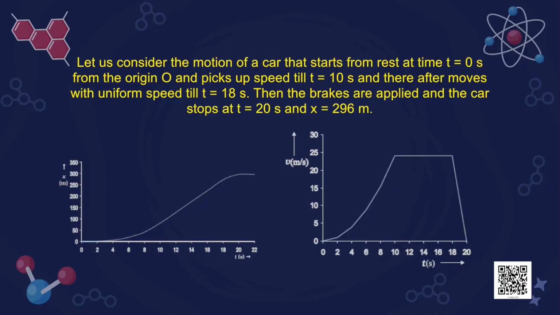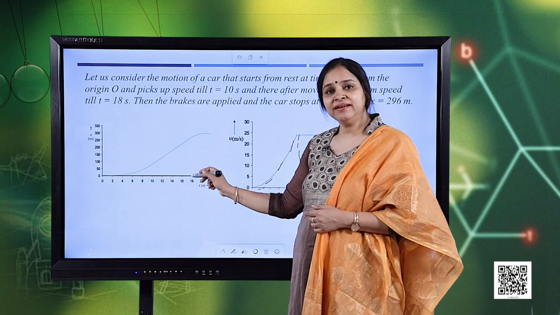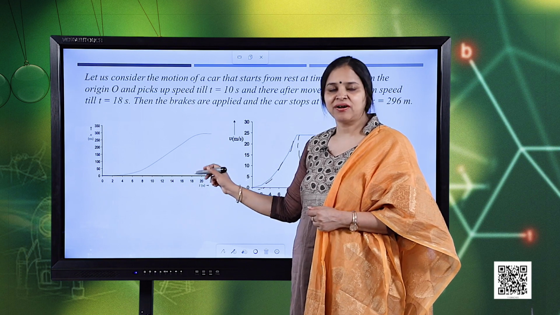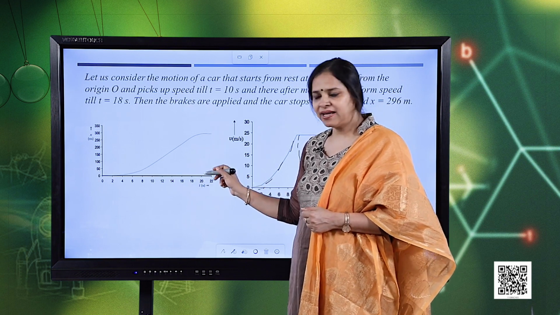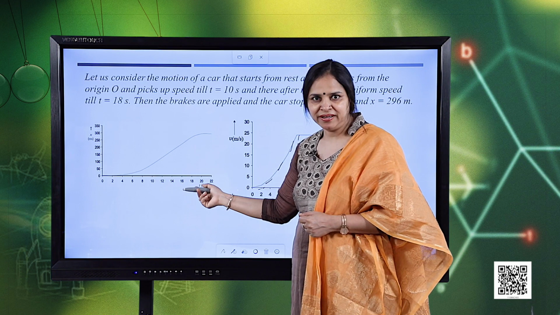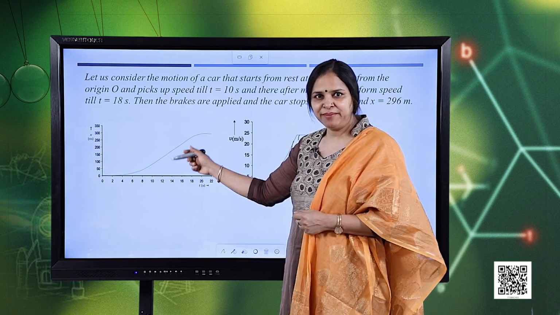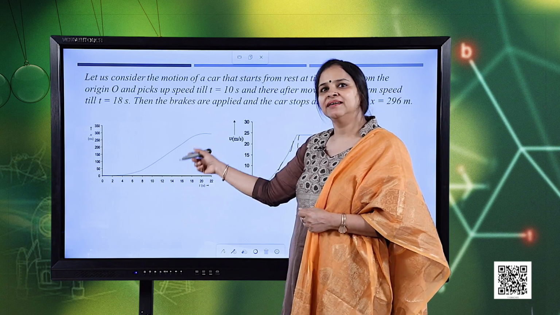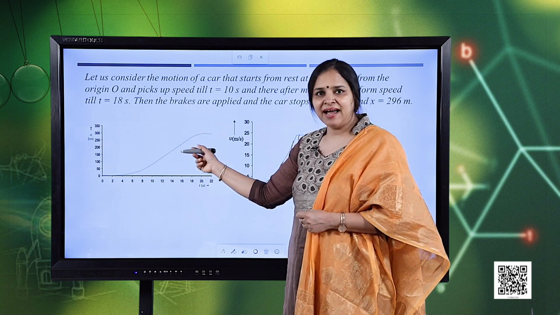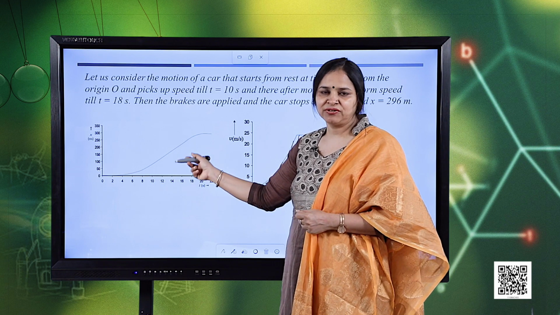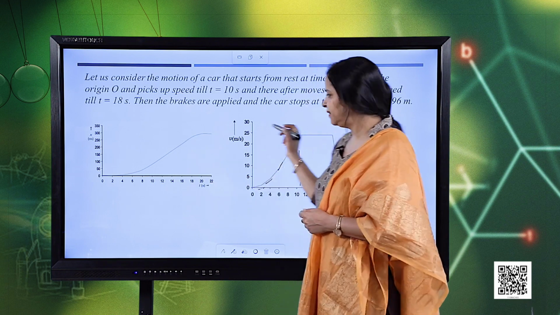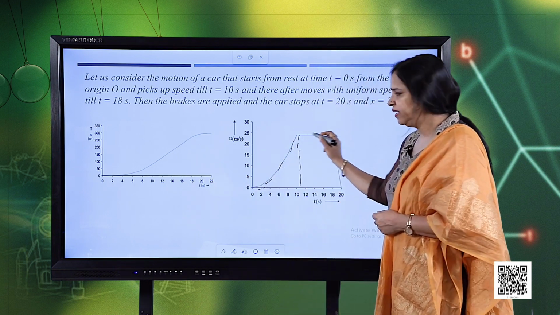Now, let us find the velocity in the region from t equal to 10 to t equal to 18 seconds, where the velocity was constant or uniform. For that, again we repeat the process. We find the tangent at every point, or at some instants, and that gives the velocity at those instants, and we get the velocity to be uniform.